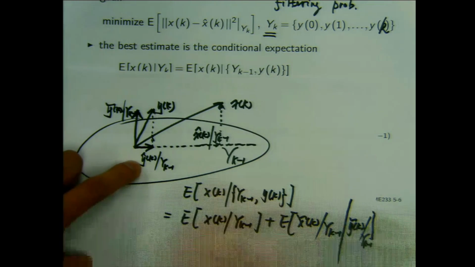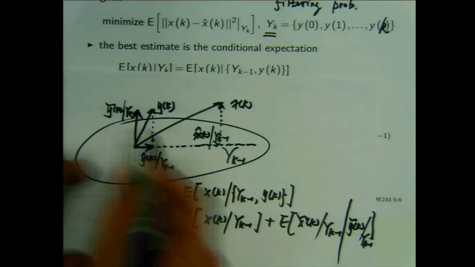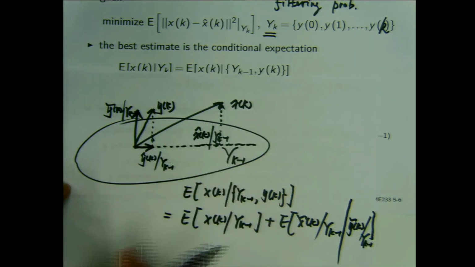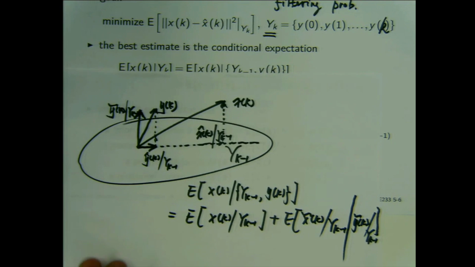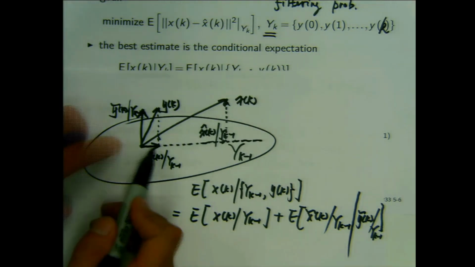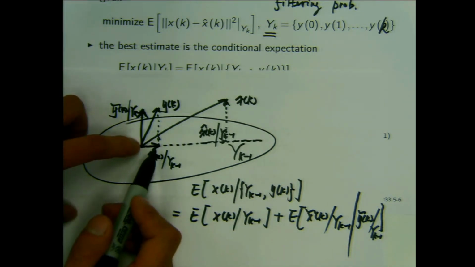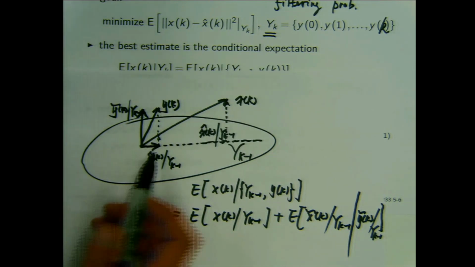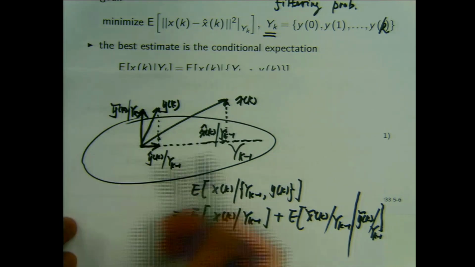This one doesn't add information because this is inside this vector space. No, it's not that case. If it's in this vector space, then it can be expressed as a linear combination of the basis vectors in this vector space.